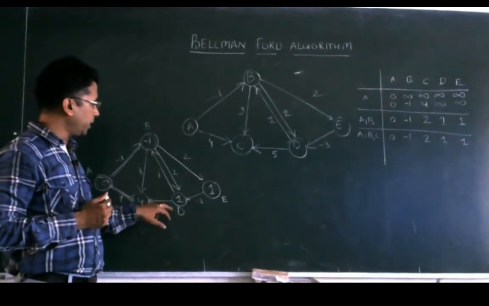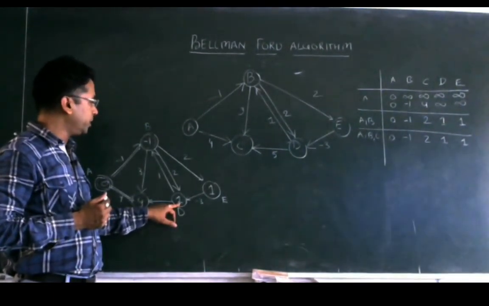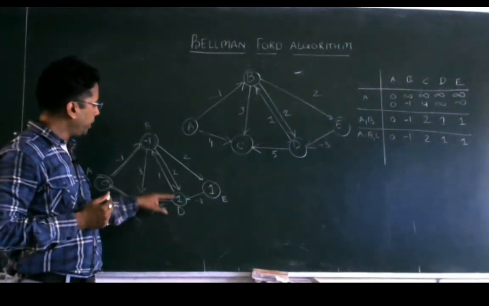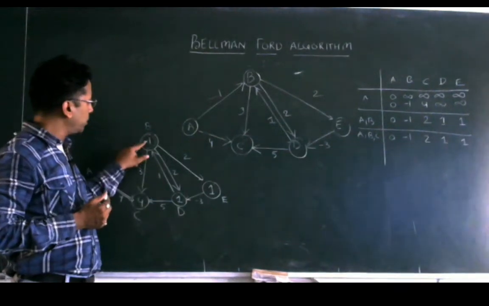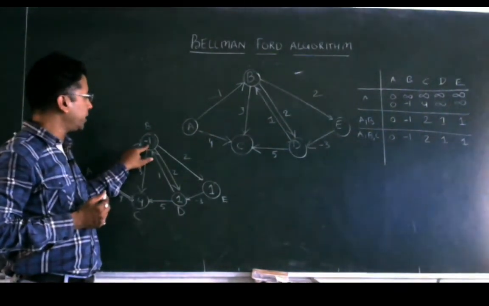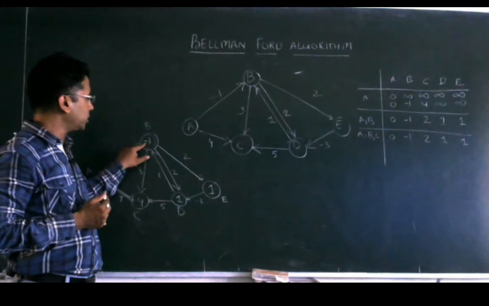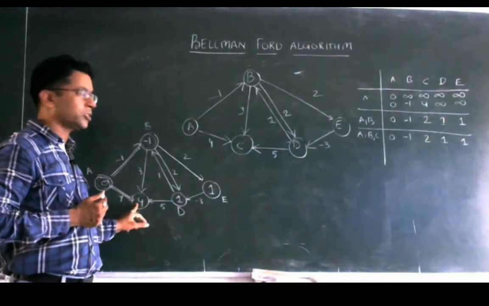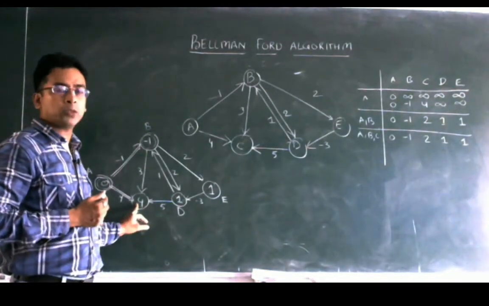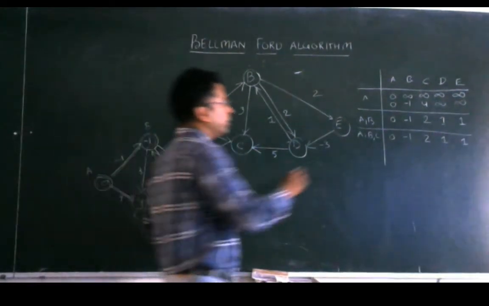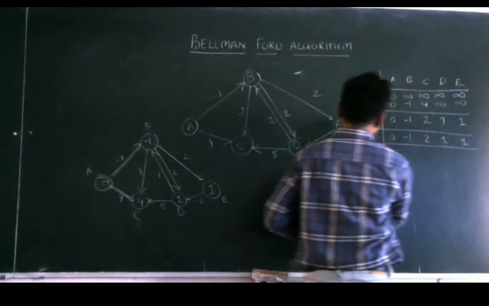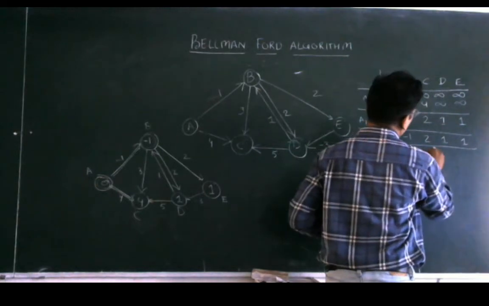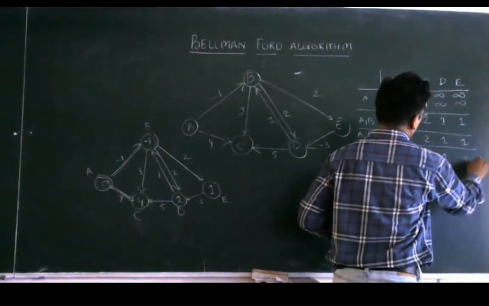Suppose I consider node D, then with the help of D there are two outgoing edges. Now the value 1 minus 1 becomes 0, and 0 is greater than minus 1, so this edge is not relaxing anything. And for this edge, 1 plus 5 is 6, and this node is already at the value of 2. So with the help of node D we shall get the same result: 0, minus 1, 2, 1 and 1.